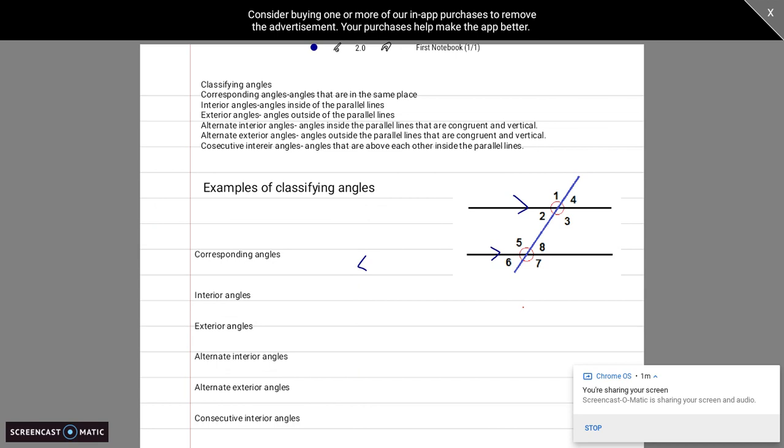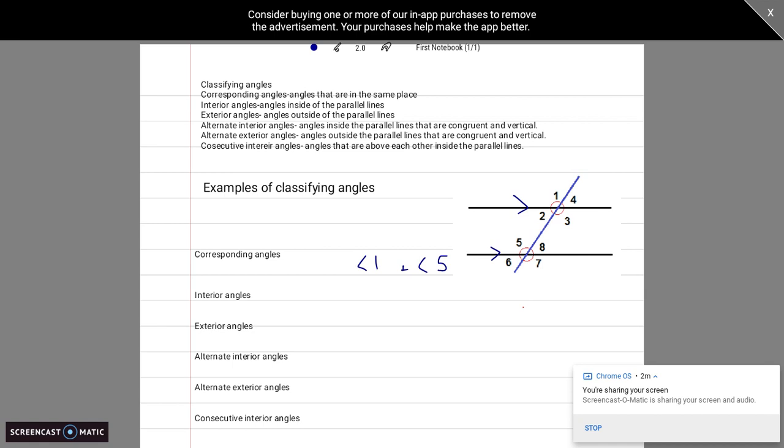If I were to look at angle 1, and cover the bottom half of this diagram, angle 5 is in the same place, meaning it's also in the top left corner. I'm only going to state one relationship, but there are definitely more. You could say angles 4 and 8 are corresponding, 3 and 7, and 2 and 6.